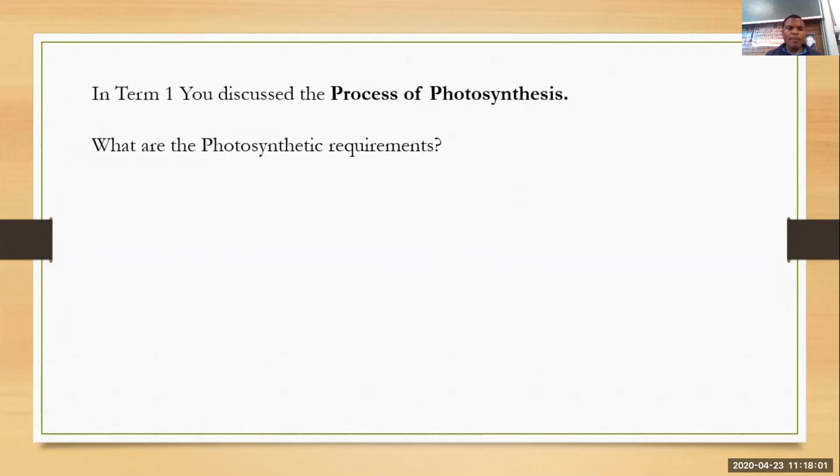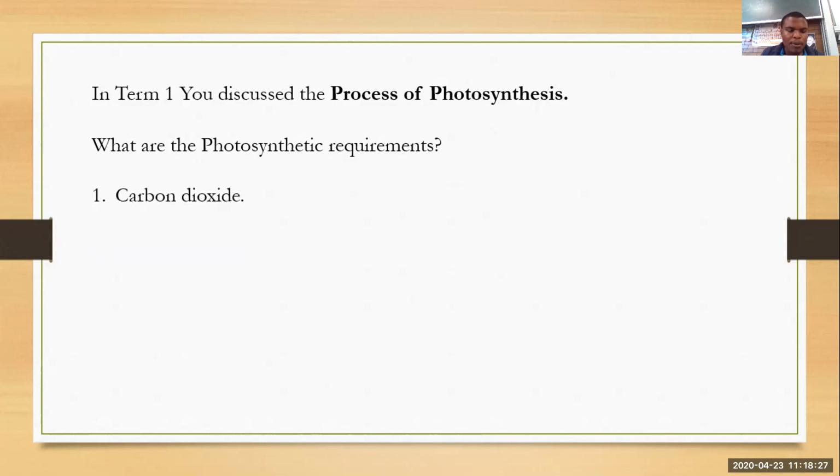So let's continue. In term 1, we discussed the process of photosynthesis. So we are still trying to justify why we say elements are part of us and elements are around us. Whether or not we like it, we are surrounded by elements, and we use elements for our daily use and also for our own personal survival.